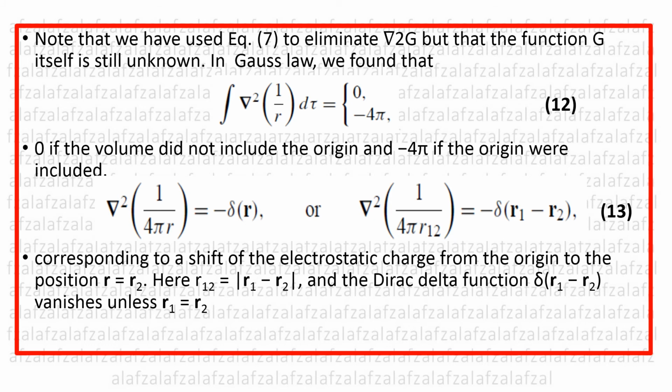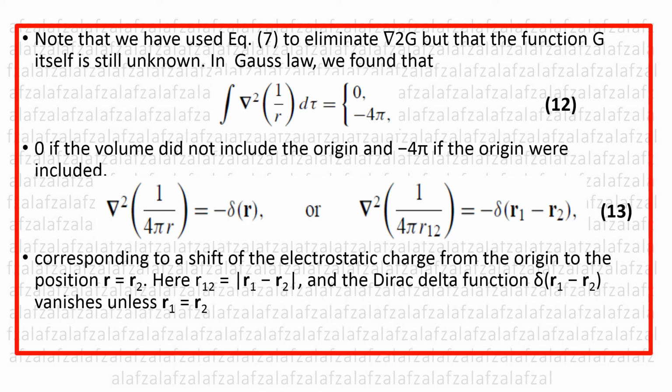As we know in this case, the Dirac delta function of r1 minus r2 is equal to L acting on the Green's function. Accordingly, we will get equation number 13.